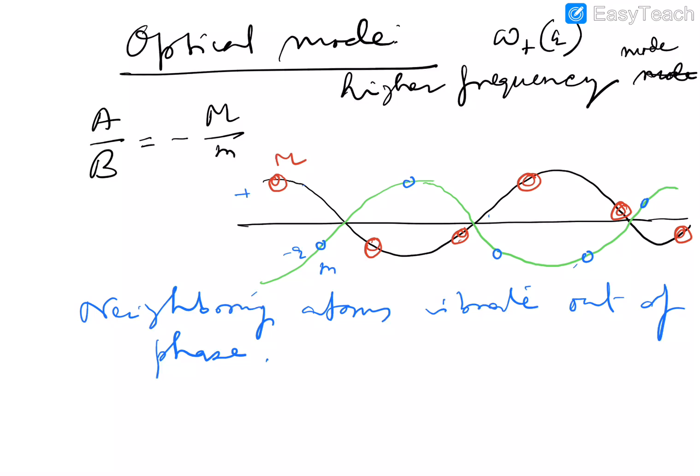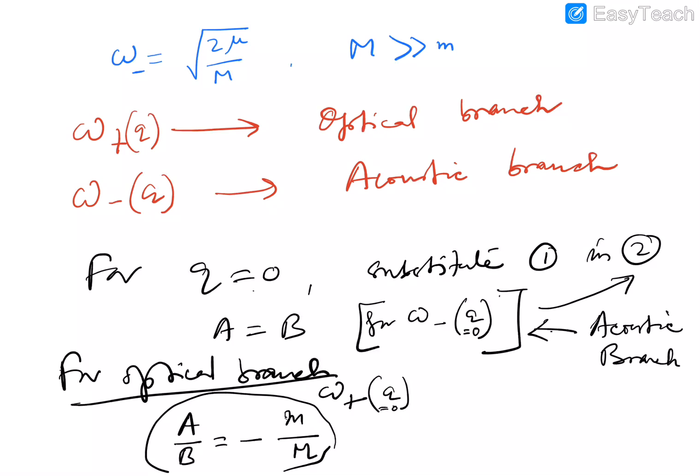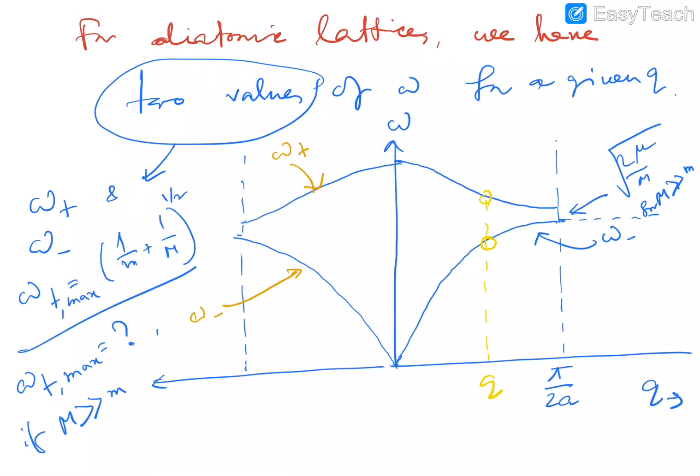Okay, so at the zone boundary, these are the two modes, two branches we understand, corresponding to q equal to 0. Now if we go back to this, at the zone boundary, which is at pi by 2a. What is 2a? 2a is the repeat distance. In the monatomic lattice, you remember the zone boundary is pi by a, because a is the lattice constant.